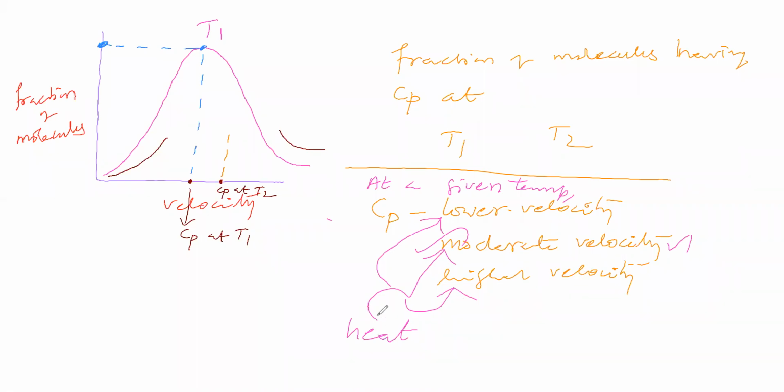Molecules are absorbing heat energy and their velocity is getting raised. Therefore, from here molecules are going to the higher velocity place. Here also molecules are absorbing heat energy, so their velocity gets raised and they move to the higher velocity side.